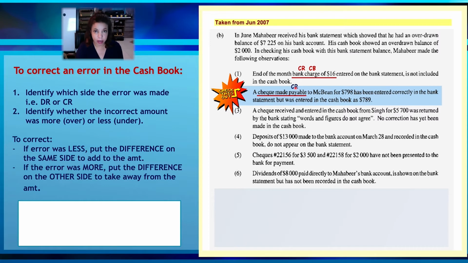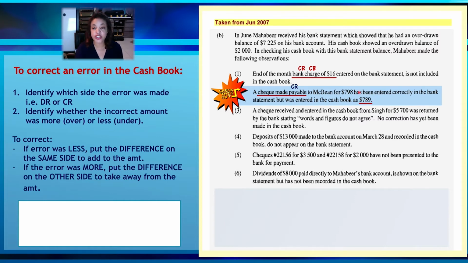Very important. So now that we know which side of the cash book the error was made, next thing, what was the error? Meaning, how much was it off by, for example? So if it is that it was supposed to be $7.98, but we entered it as $7.89, what does that mean? It means that we are $9 short.